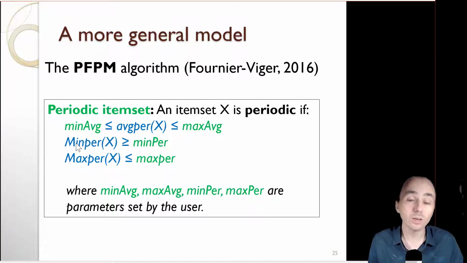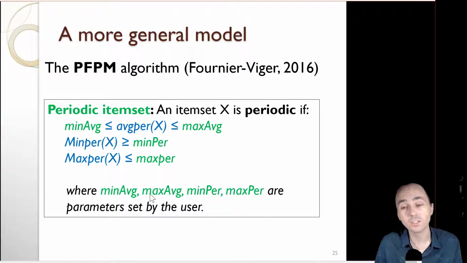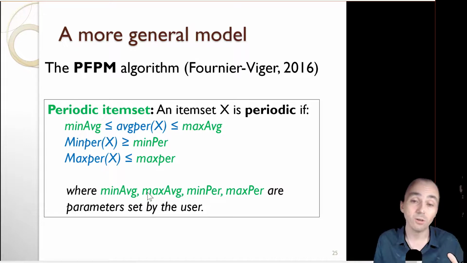And also we look at the minimum periodicity and the maximum. So then the user has to set 4 parameters: the minimum and maximum periodicity, and the minimum and maximum average. And this problem is more general, because if you remove the first 2 lines here, then you get the traditional problem.